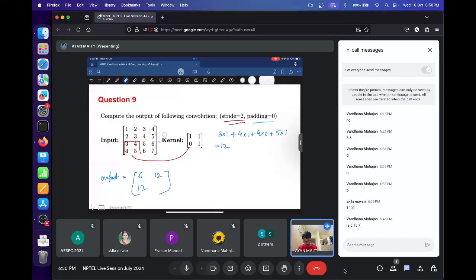And finally the last 2 by 2 window in the input image would be this one. And again with this pointwise multiplication, we will get 5 plus 6 plus 7, which is 18. So this is the output matrix: 6, 12, 12, 18.